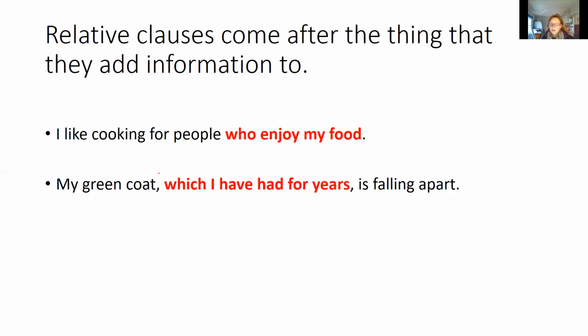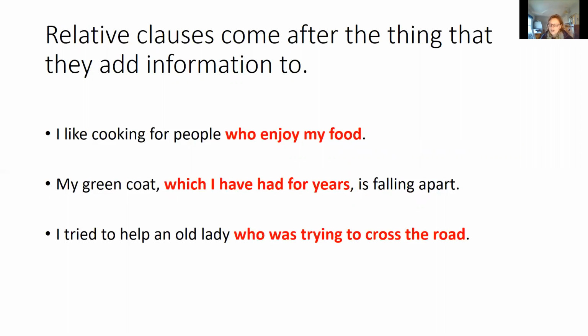Again, here we are talking about the coat. So it comes straight after coat. I tried to help an old lady who was trying to cross the road. So it's the old lady we're helping. So that's why it comes straight after the old lady.